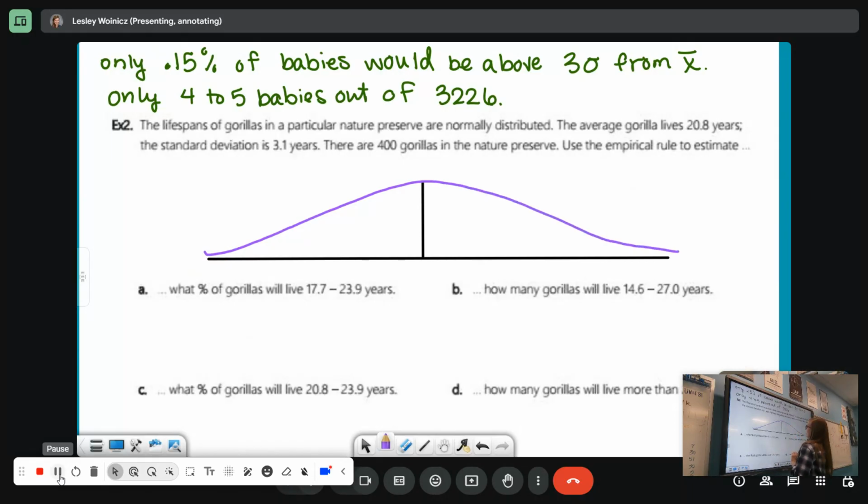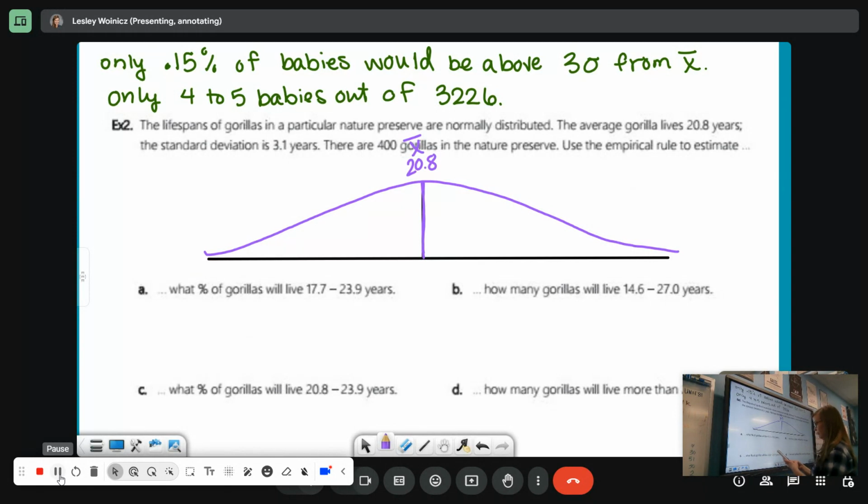So our mean is 20.8. That is our X bar. All right. Standard deviation is 3.1 years.